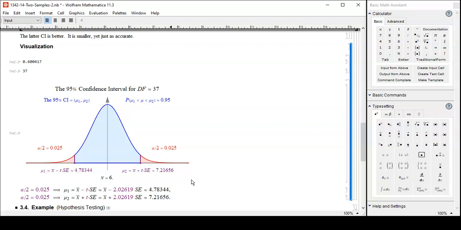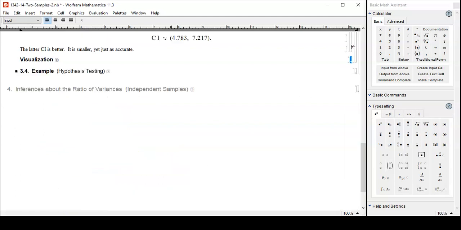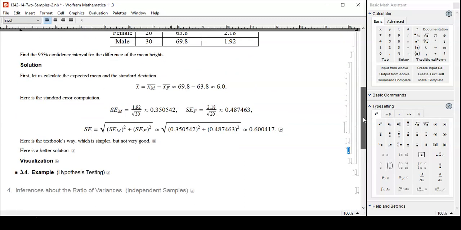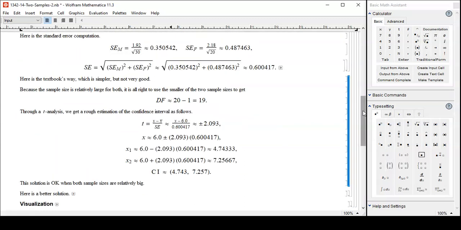Here is the mathematical computation. By the way, there's another method from the textbook. This method is definitely better, but there's another method. I don't like it and it's not very good, but I will tolerate it because it's in the textbook. Simply take the smaller degree of freedom.